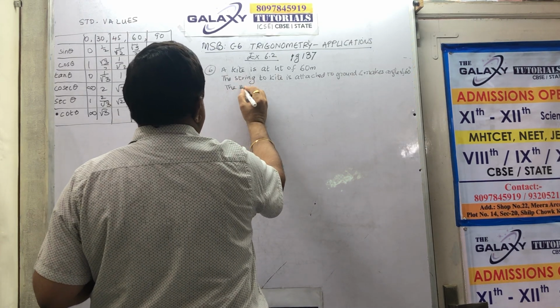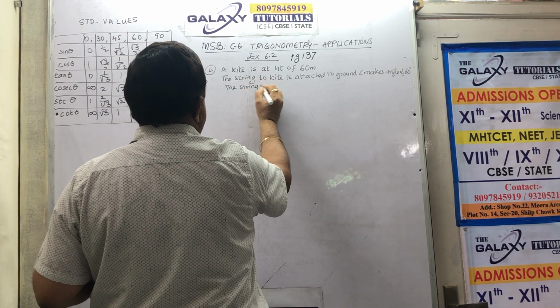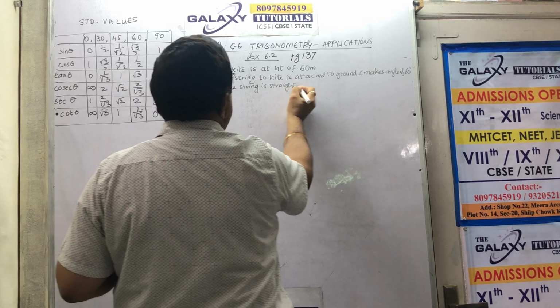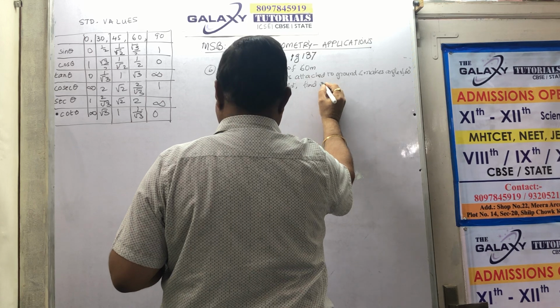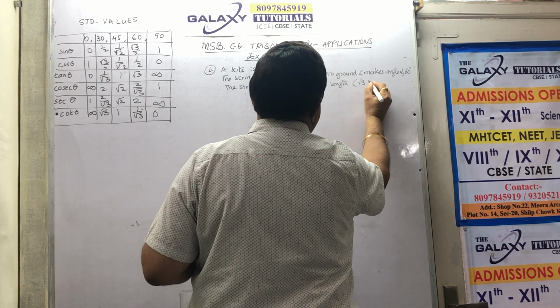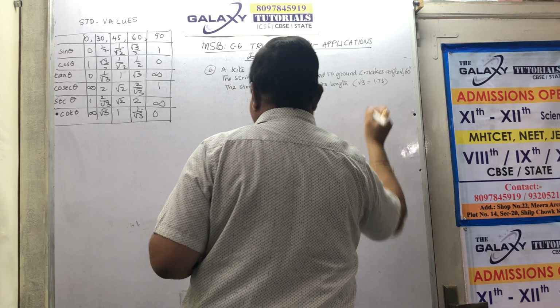Assume the string is straight. Find its length. Again, root 3 is 1.73.